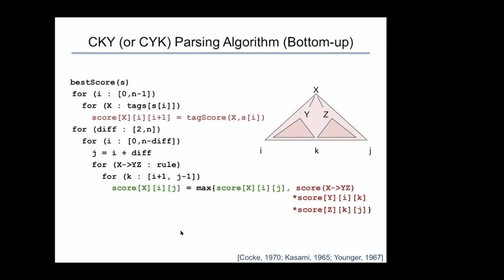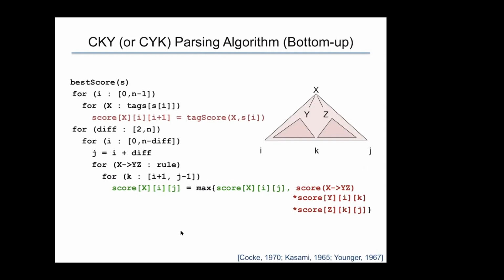The answer is that if you do this brute force way, it will be very inefficient, because there are exponentially many ways to create the parse given all the different rules. You shouldn't use brute force, but rather dynamic programming to build up the tree, starting from the leaf nodes. That's exactly what CKY parsing does.